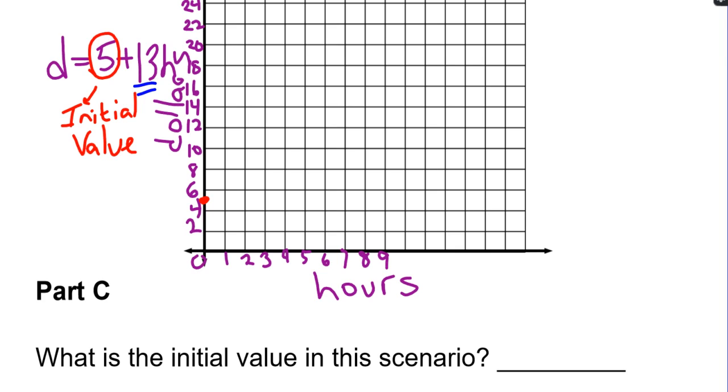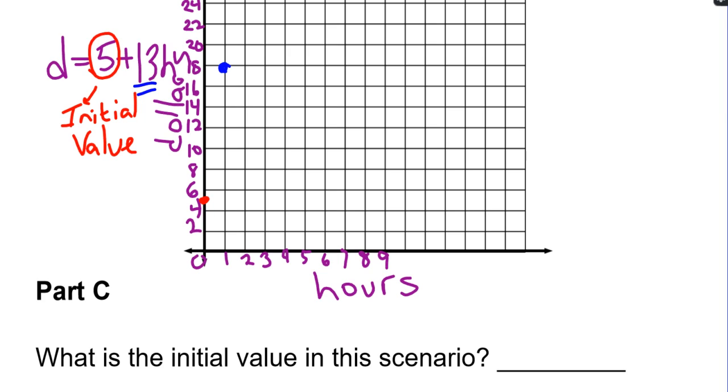So I want to add 13 for every hour. So if I'm at 5, I add 13. I can look at my y-axis, and I see I counted by twos. 13 plus 5 takes me to $18. Okay, and that's for 1 hour. So I want to put a point right there.